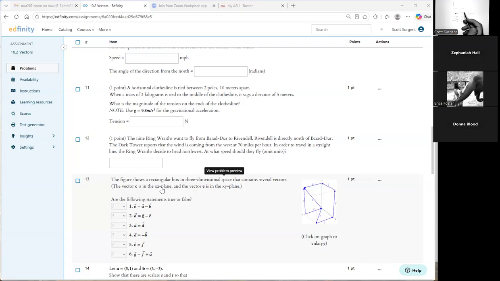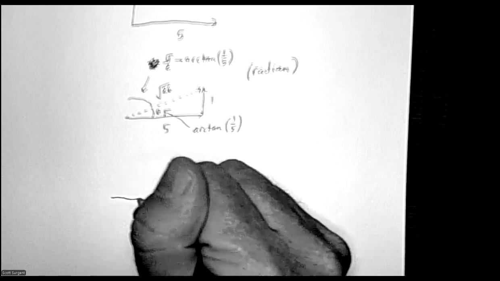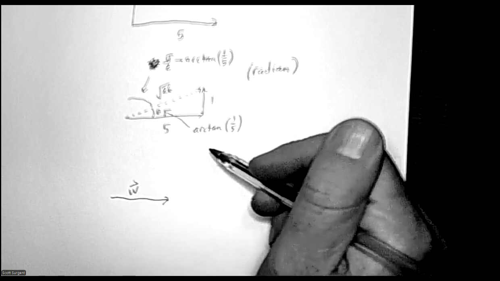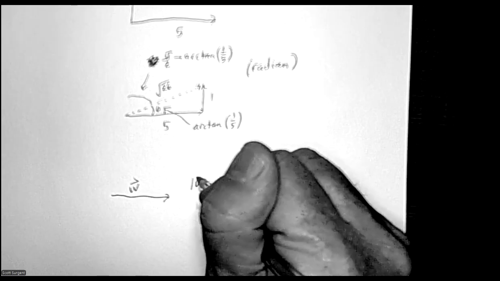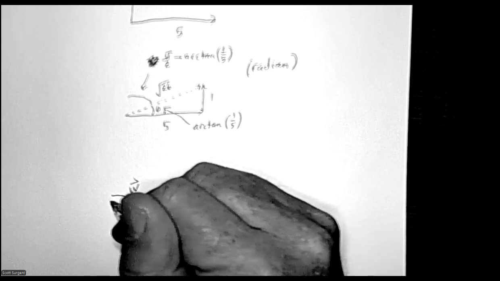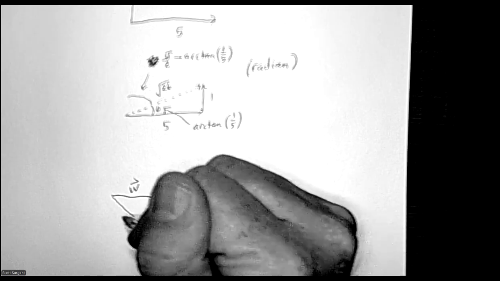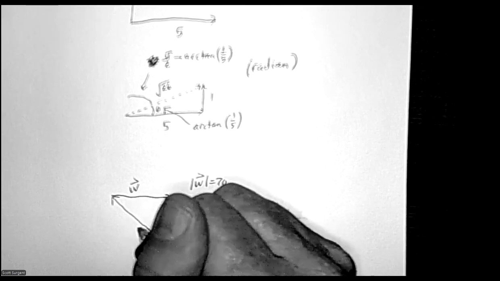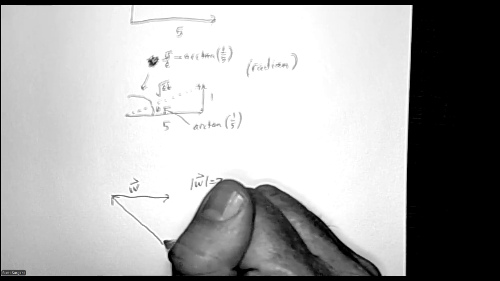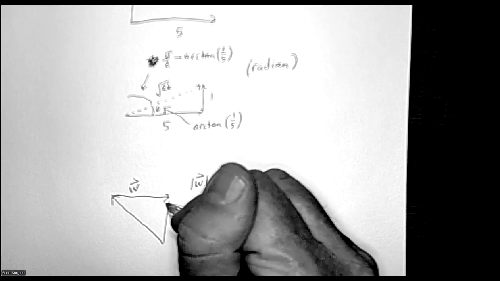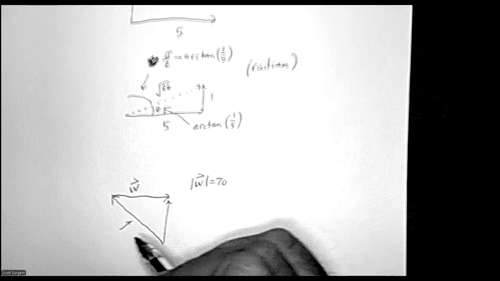All right, so basically, we have a situation here. I'll unshare where you've got this wind vector at 70, and so we have to travel into the wind at northwest.